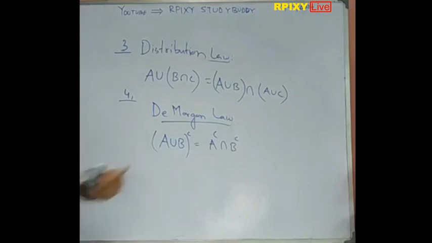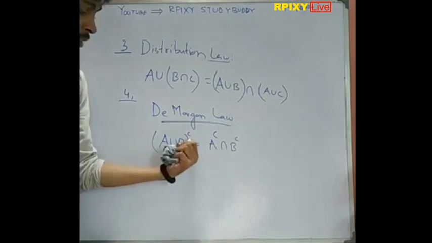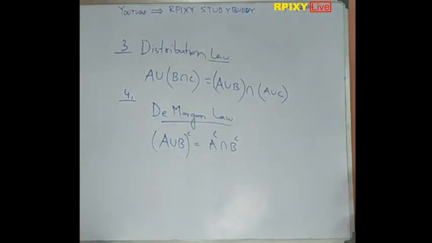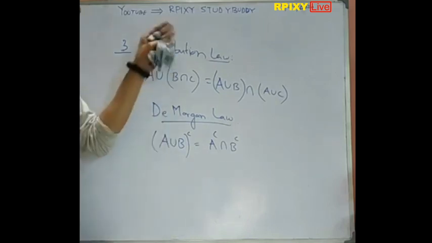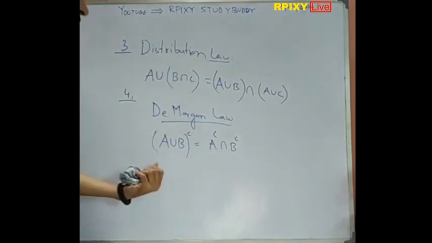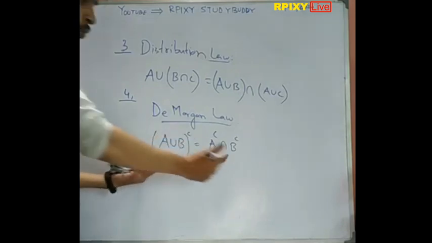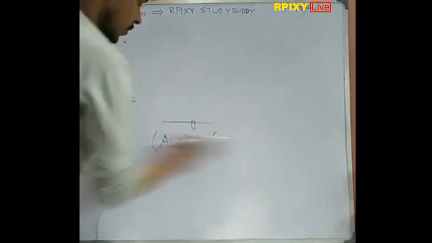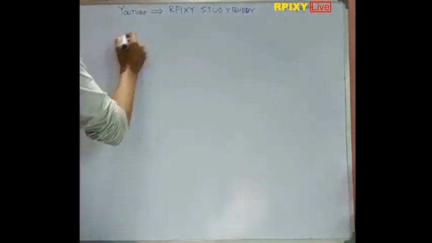This is very interesting. A union B complement is equal to A complement intersection B complement. All these laws you can prove by Venn diagram. Let's see how you can prove this law by Venn diagram. So the De Morgan's law.